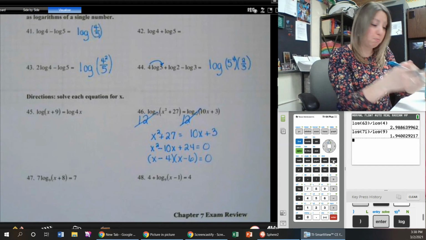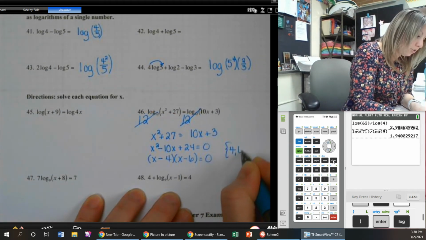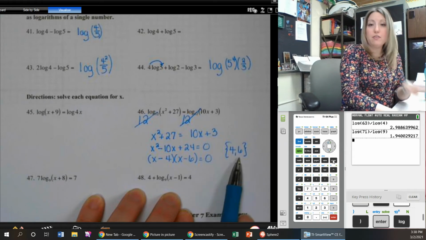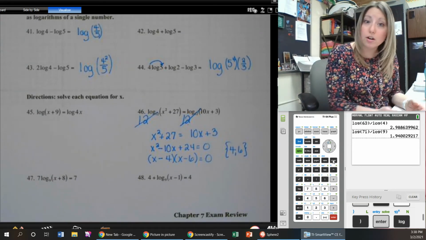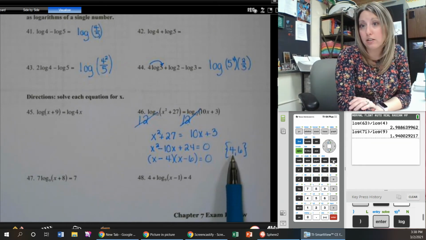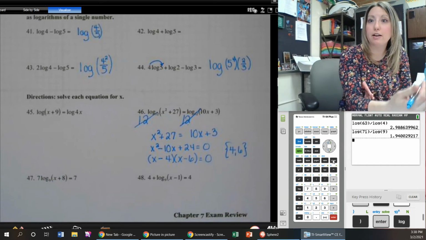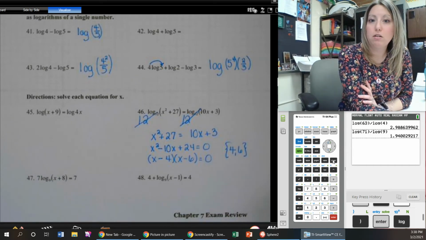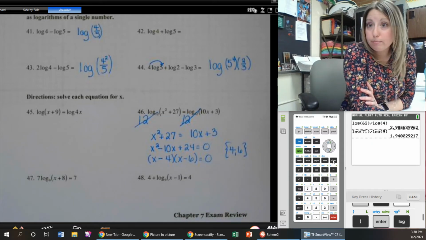Both keep my value here positive, so both are the answers. And in this section, while I require work for the full answer, I do ask you to put your answers for x in curly braces for the Google form to grade that part. And then I'll just verify that you've got all your work that supports that answer. If you have an extraneous root, you've got to throw it out.